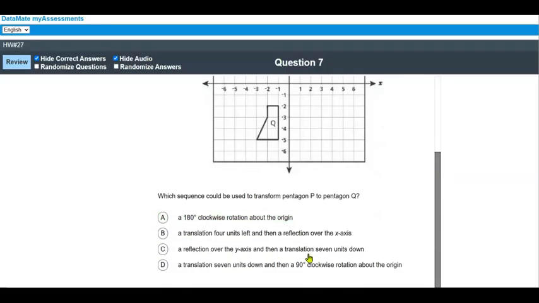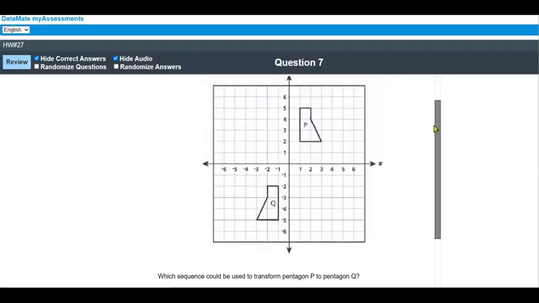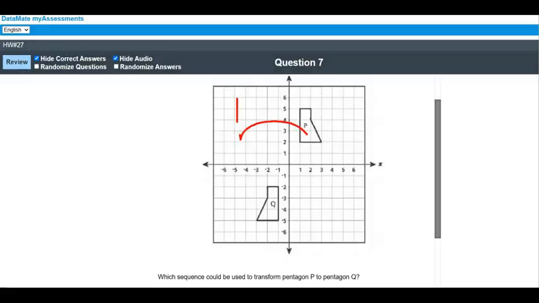So a reflection over y and then a translation 7 units down. Let's see. A reflection over y would bring me this way. And so I would probably be pointing like this, right? And then a translation 7 units down. Is that what it said?